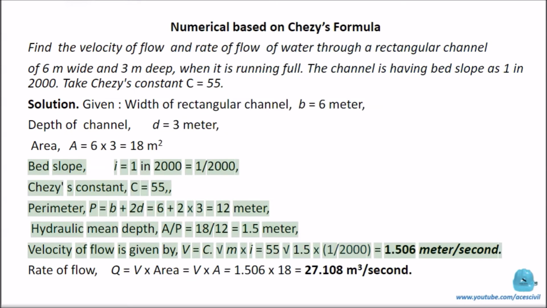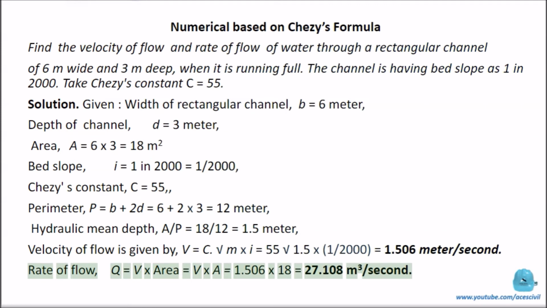Hydraulic mean depth m equals A/P equals 18/12 equals 1.5 meter. Velocity of flow is given by V equals C times square root of m times i equals 55 times square root of 1.5 times 1/2000 equals 1.506 meters per second. Rate of flow Q equals V times area equals 1.506 times 18 equals 27.108 m cubed per second.